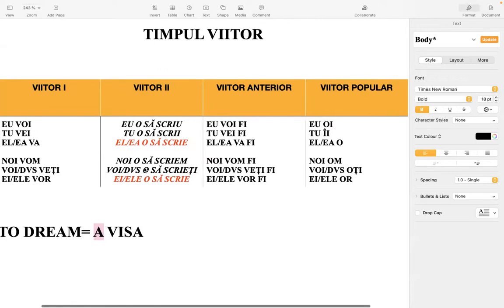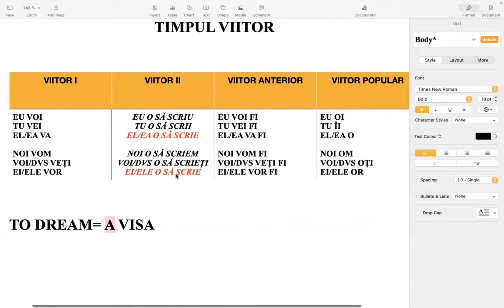The next part, as I said, let's go back to the viitor 2, or the second future. Also the "will" part remains the same for each person. What we have to know is that only the verb is going to be conjugated regarding the person. And this is easier, maybe the easiest thing. Why?